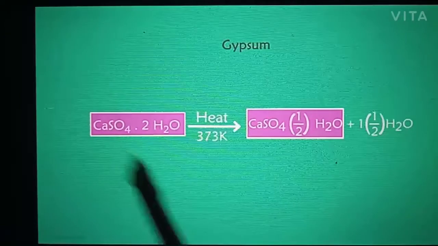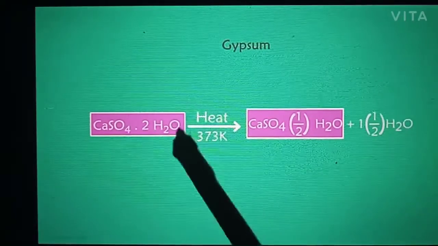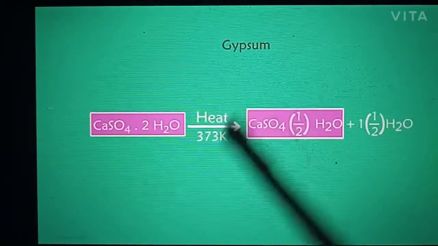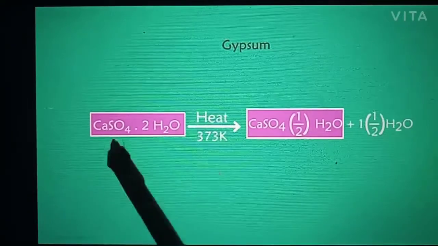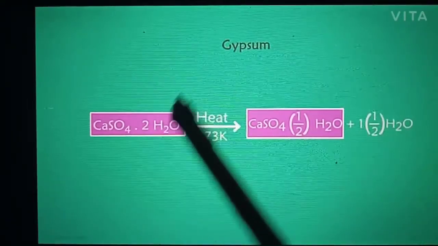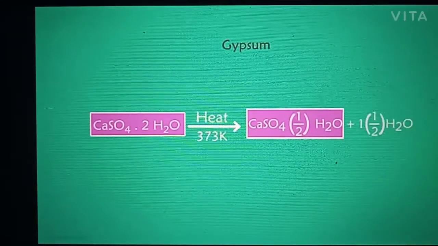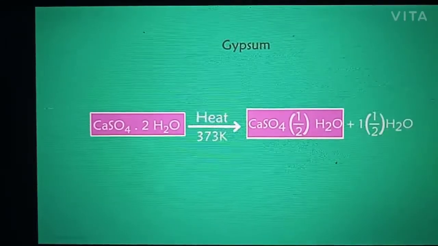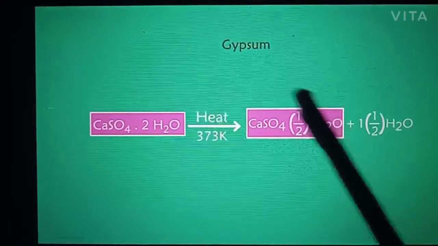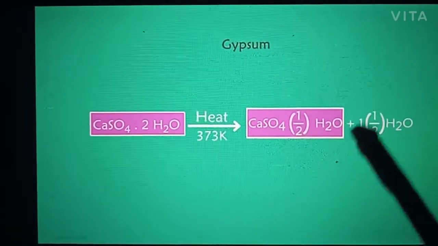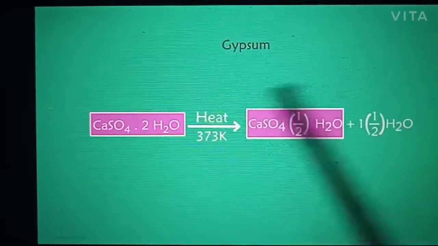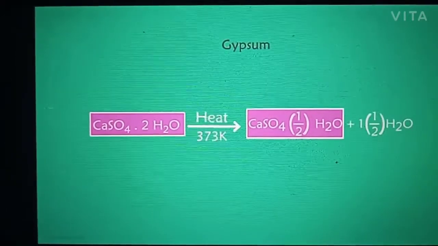As there are 2 water molecules, the calcium sulfate keeps half a water molecule, and the remaining 1.5 water molecules are removed as water.